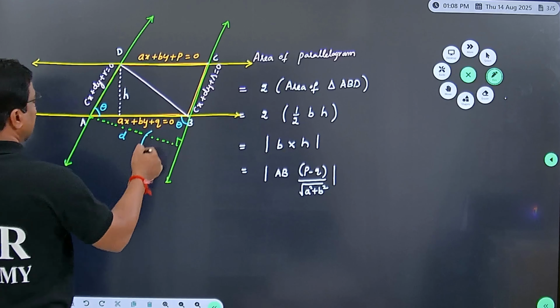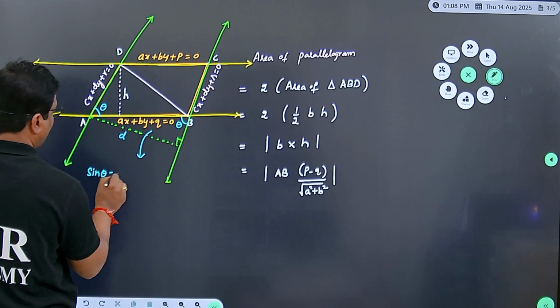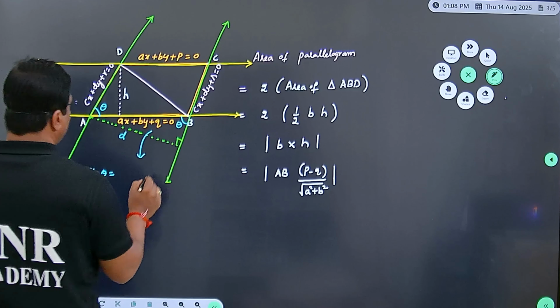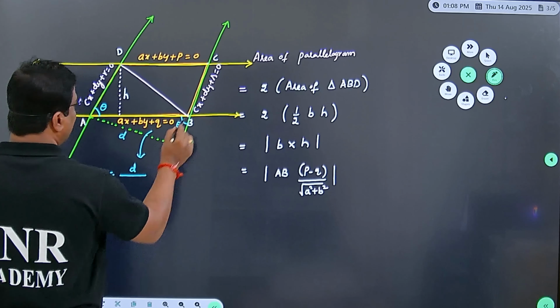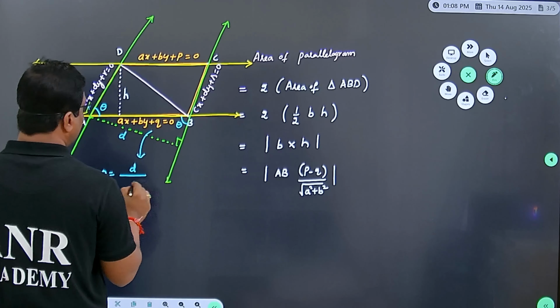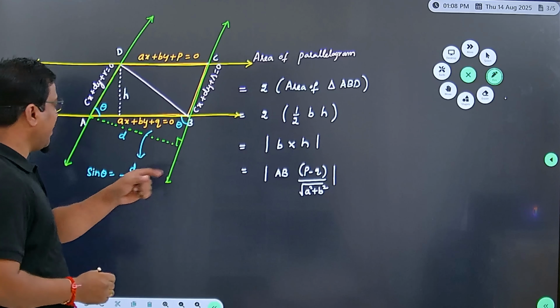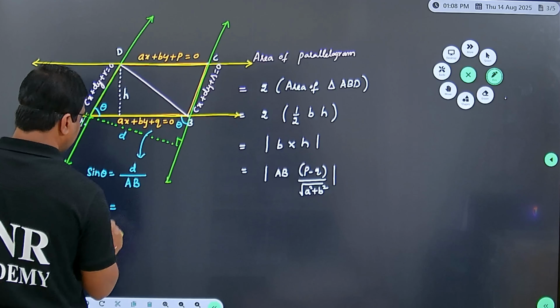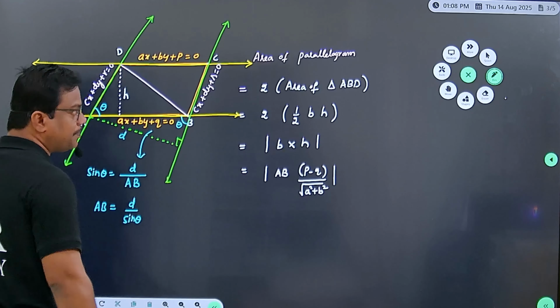Now from this I am going to write sine of the angle. You know that sine theta is defined as opposite divided by hypotenuse. Here d is opposite and the hypotenuse is the length AB. But the requirement is AB, so AB is written as d divided by sine theta.